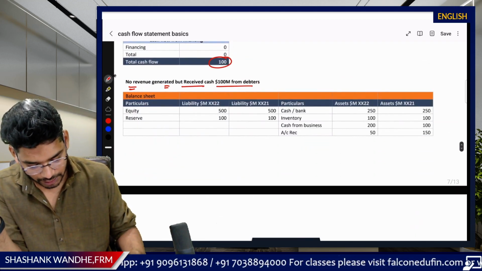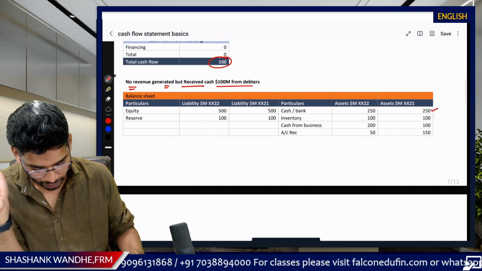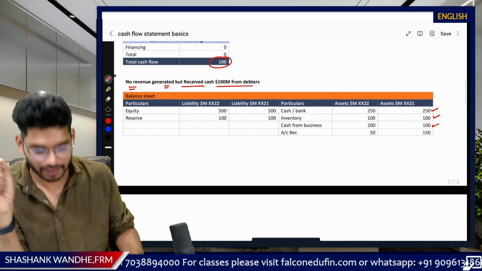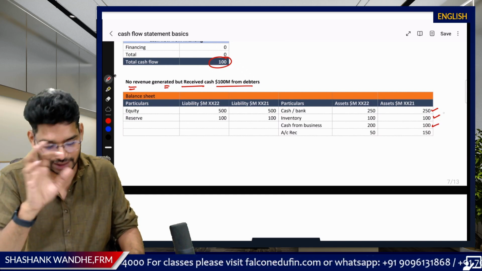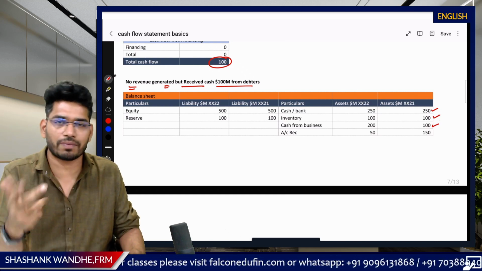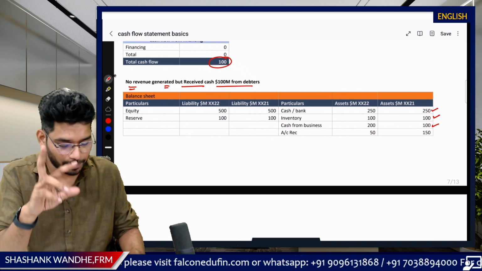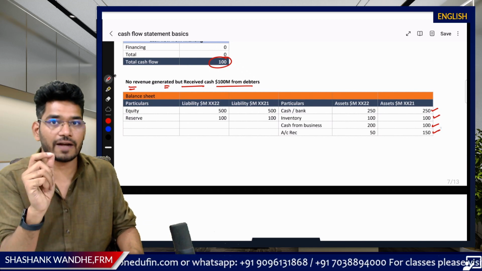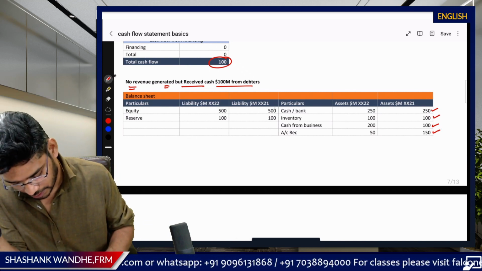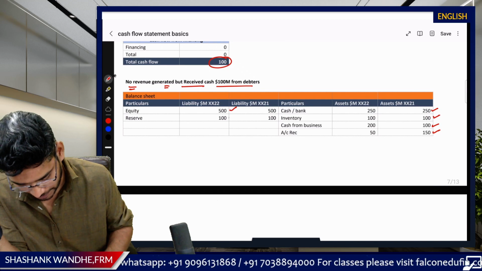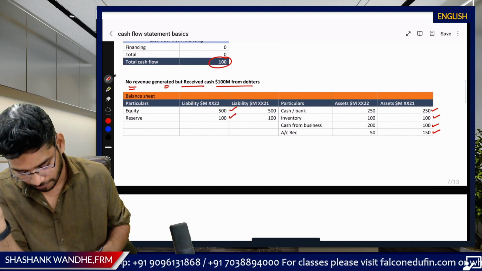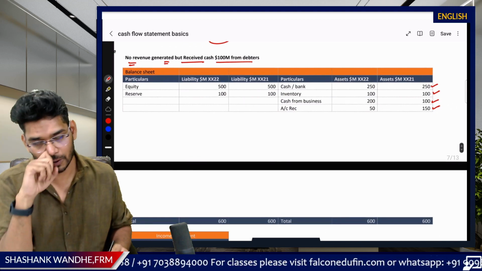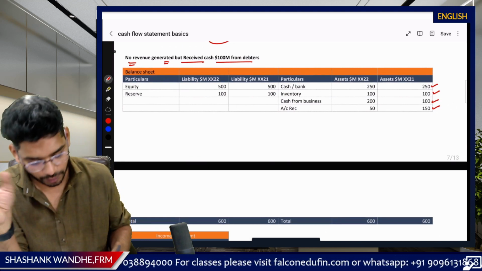So see here, cash account 250 million, inventory 100 million, cash from business 100 million, and account receivable 150 million. Cash and cash from business are one and the same thing, just shown separately for your understanding. This is your liability part. So the equity and reserve are 100, 500 and 100. Now no business, no revenue generated. So no business was conducted in this year also, 2022.